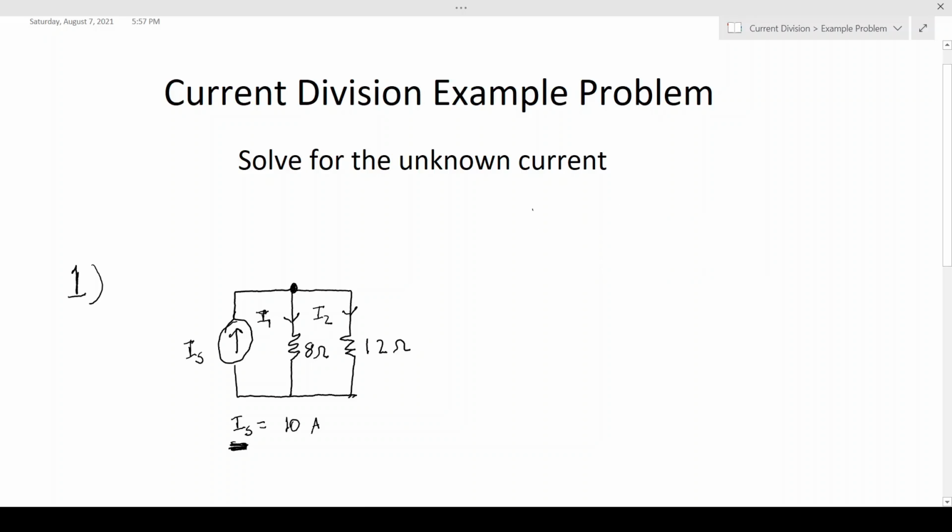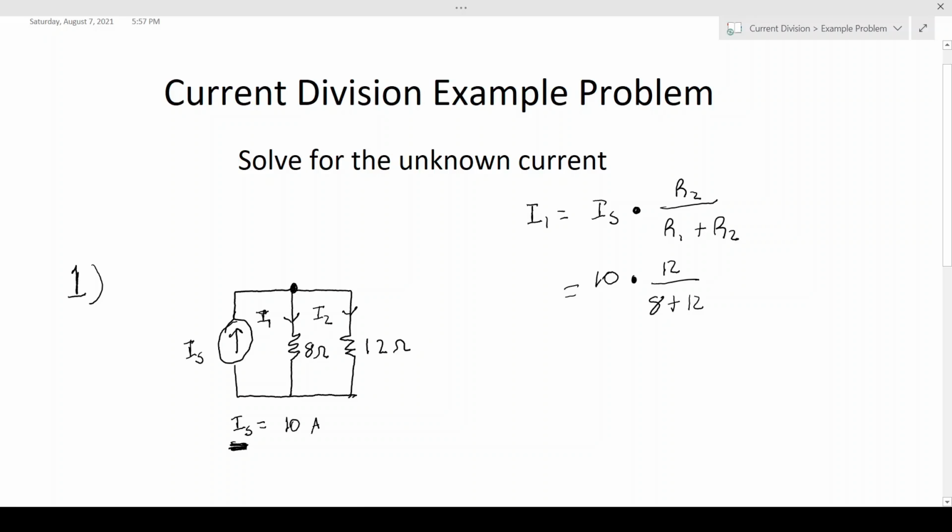So we'll write down the equation for I1, and I1 is equal to IS multiplied by R2 divided by R1 plus R2. We know our value for IS, which is 10 amps. We know our resistance R2, which is 12 ohms. We know our R1 value, which is 8 ohms.